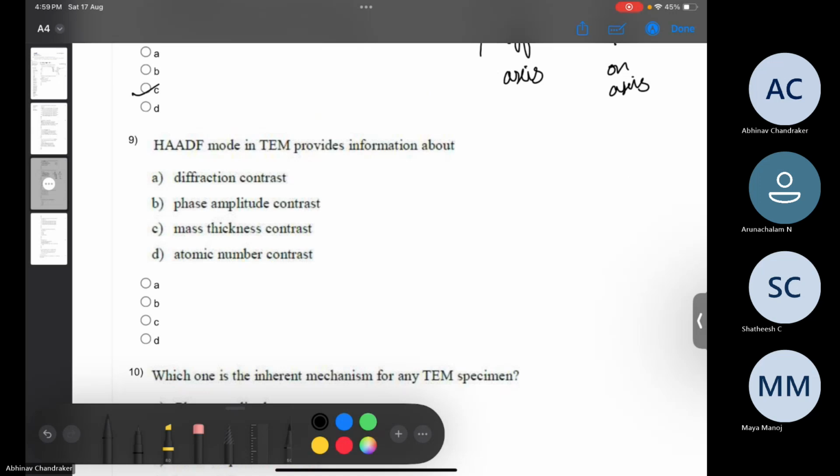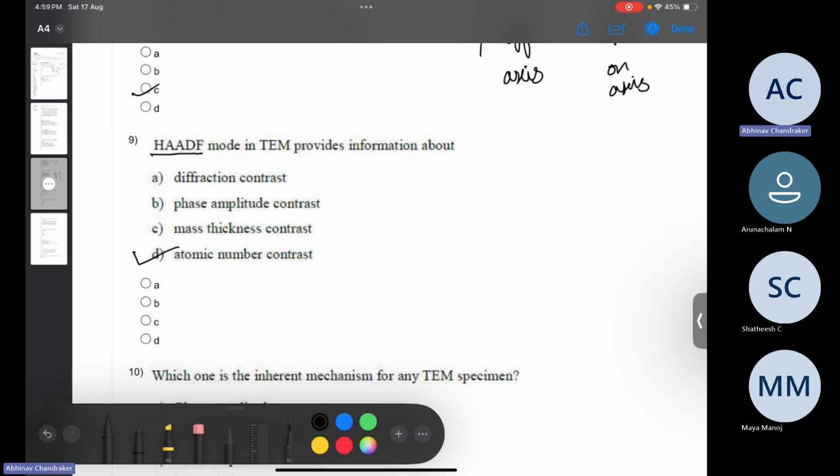So HADF involves. Sorry, can you repeat? Atomic number contrast. Yeah, atomic number contrast is the right answer.